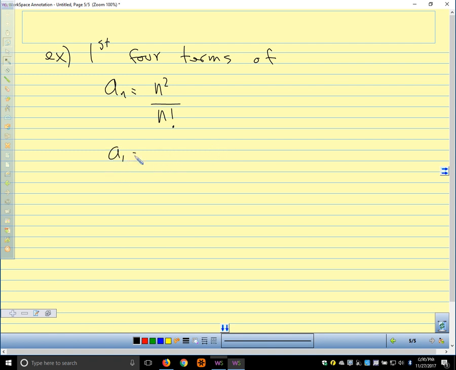Well, a sub 1 is 1 squared over 1 factorial, which is just 1. A sub 2 is 2 squared over 2 factorial, which is 4 over 2, which is 2.